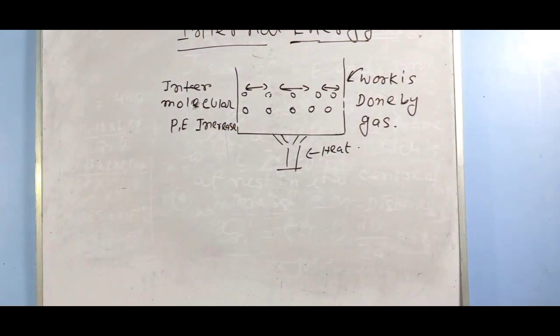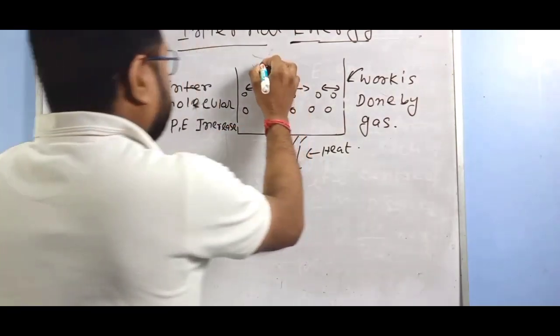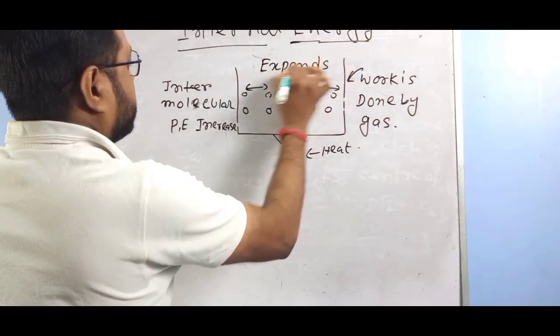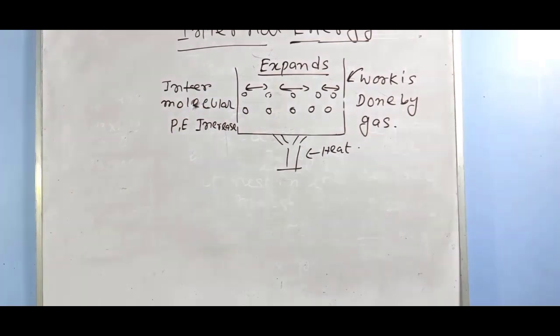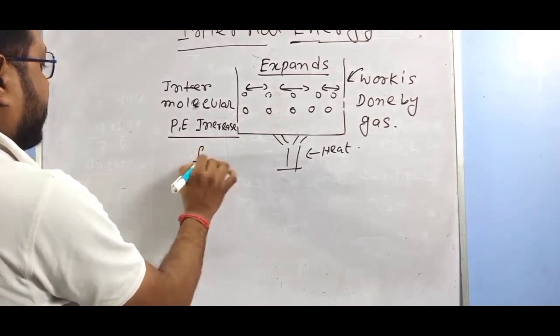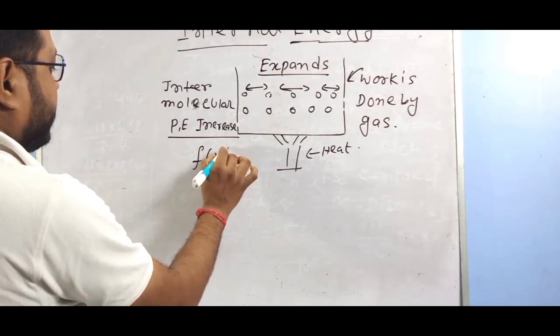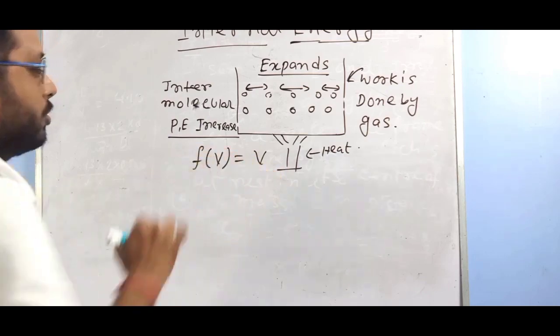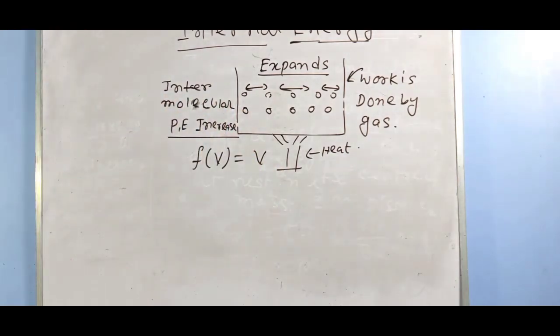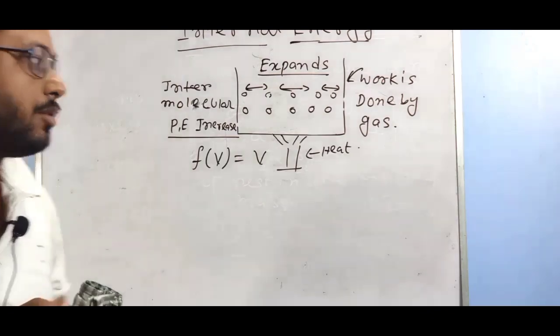So, when a gas expands, its intermolecular potential energy is also increased. Intermolecular potential energy is a function of volume. As volume increases due to expansion of the gas, the intermolecular potential energy increases. So, the internal energy also increases.